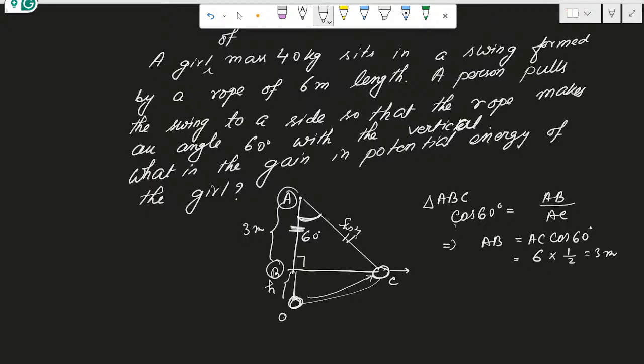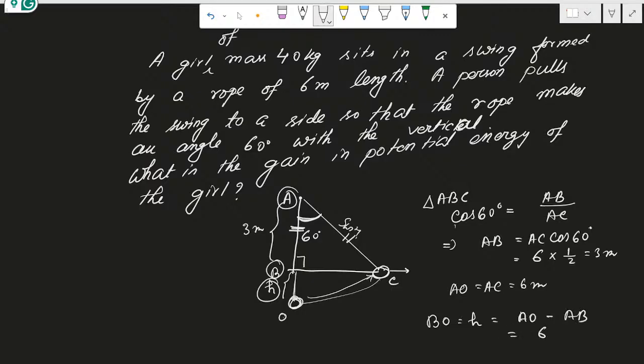Now, if AB is 3 meters, what could H be? The total height AO should be equal to AC, that is 6 meters. We need H, which is BO, nothing but AO minus AB.